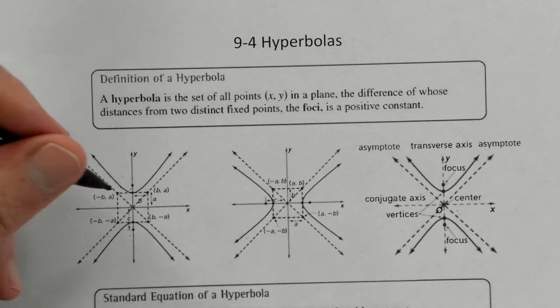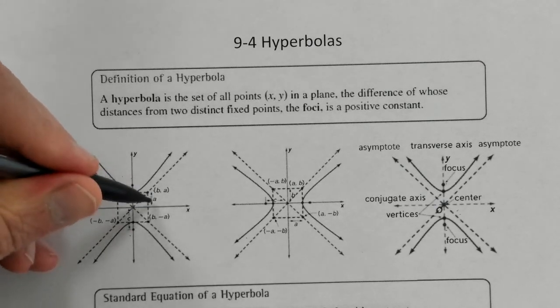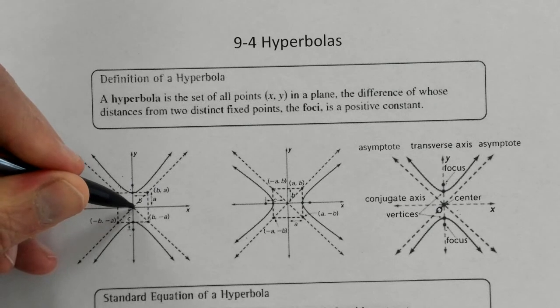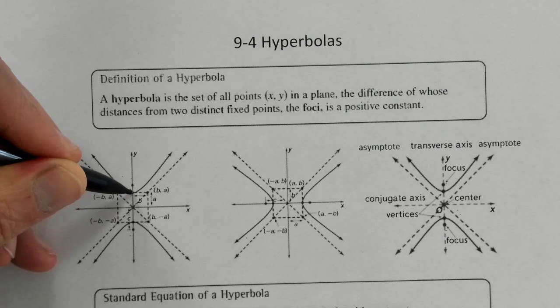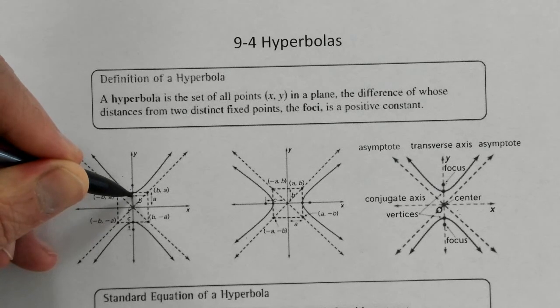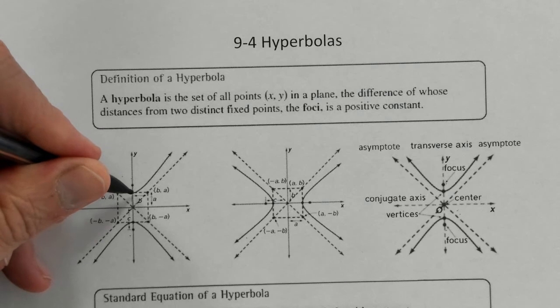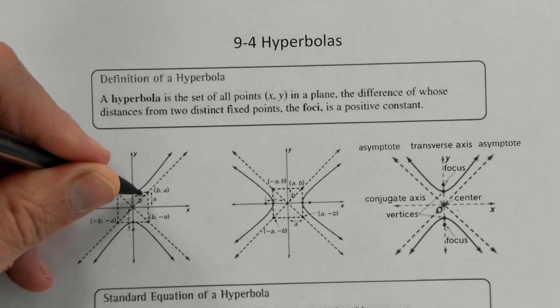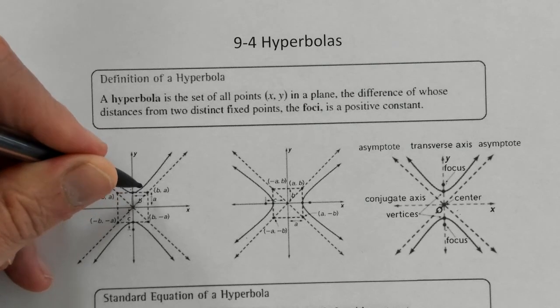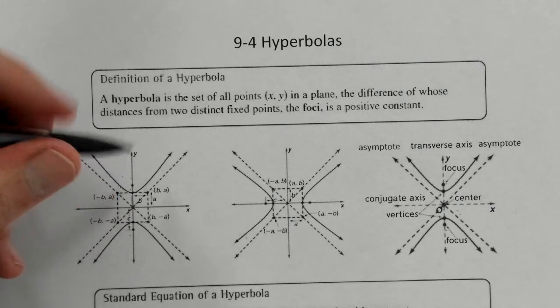And so when you're looking at these, the distance A is from this point, which is your center, up to this point, which is a vertex. That's the distance of A. Your distance of B is from this vertex out to this point.